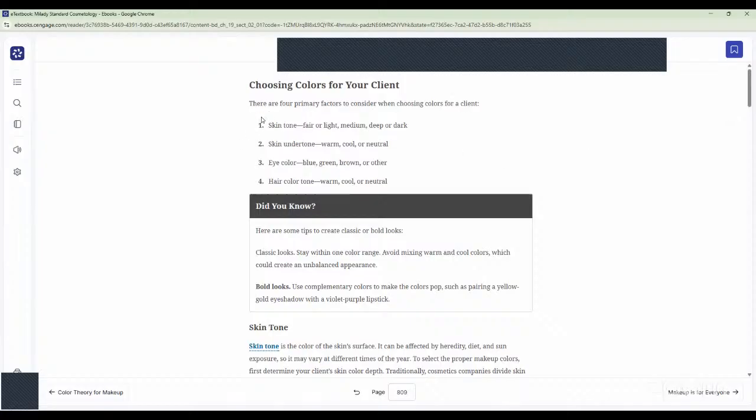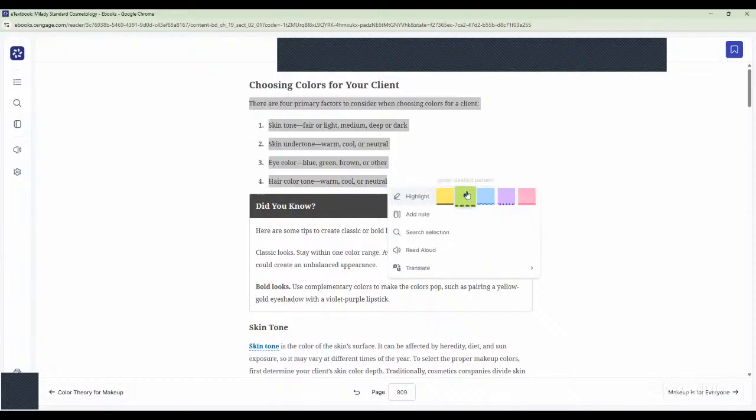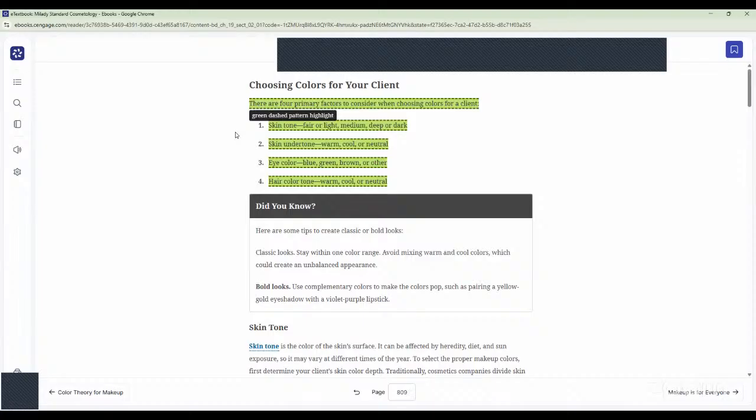You have 4 primary factors to consider when choosing colors for your client, highlighted in green. A study note: you're looking at 4 things when choosing colors. You're looking at skin tone. Where do they fall? Fair, fair to light, medium, or deep or dark. And then number 2, you have skin undertone.